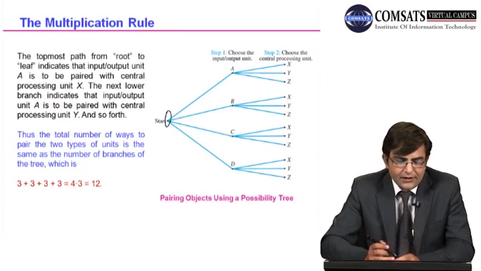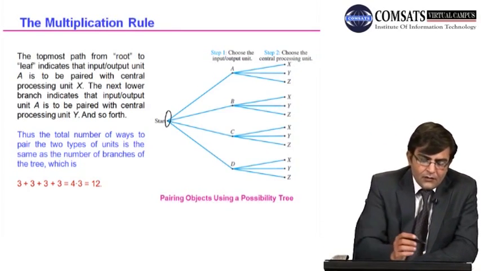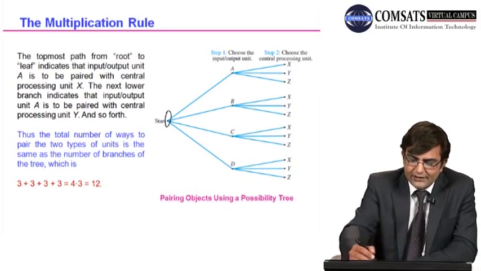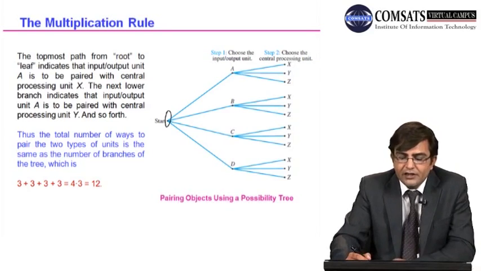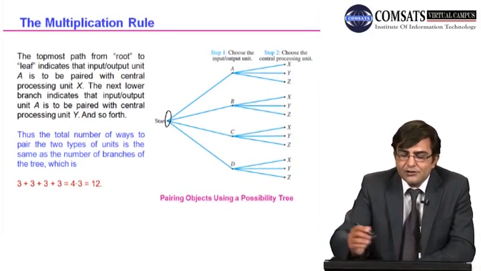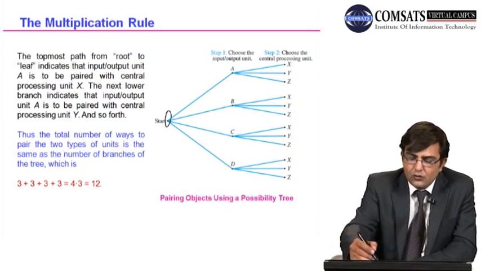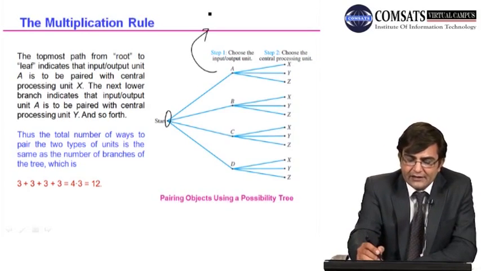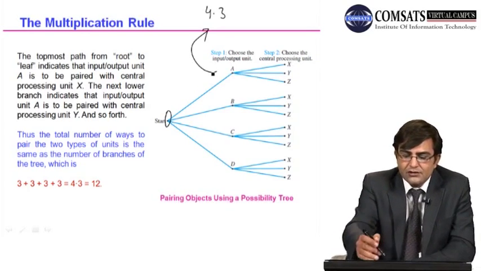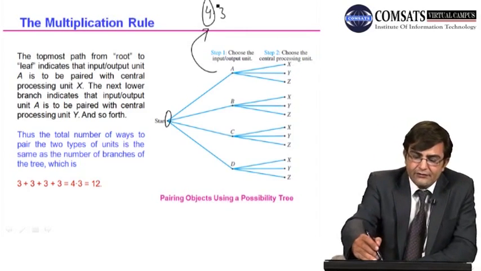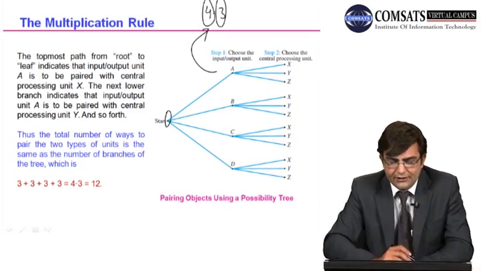The multiplication rule says that as there are 4 possibilities here of the input output unit, and further there are 3 possibilities with each input output unit. So we can interpret it as 4 into 3, because 4 is the number of input output units, and with each input output unit we have the 3 possibilities.